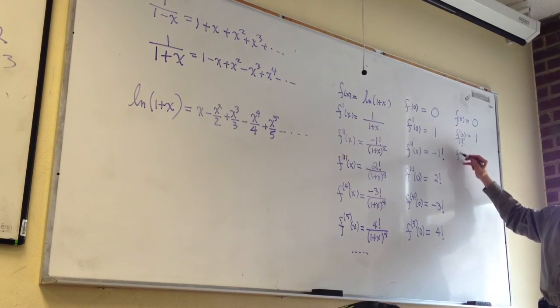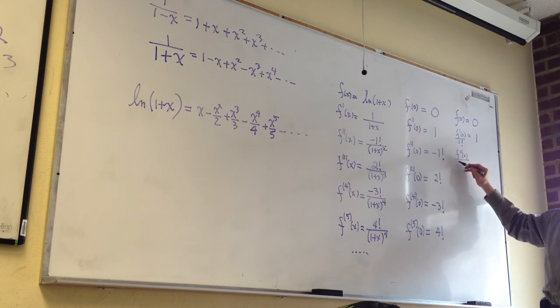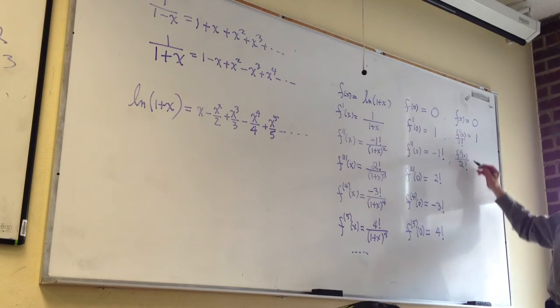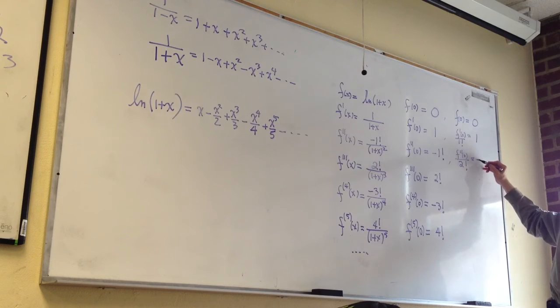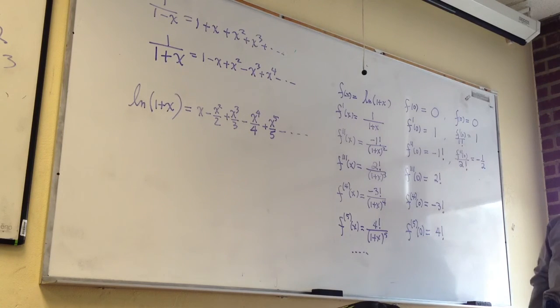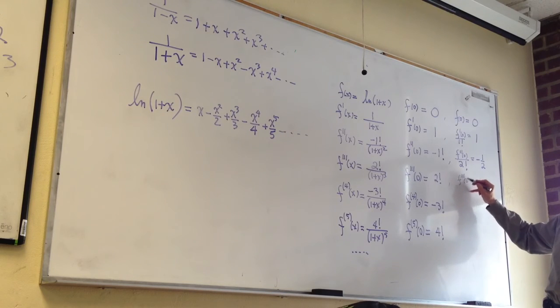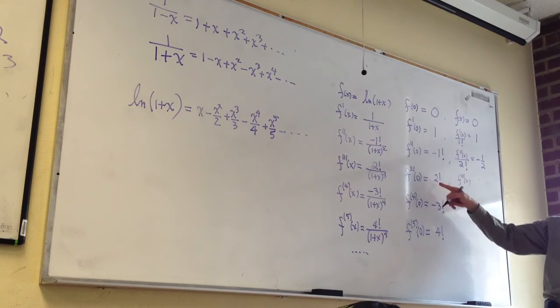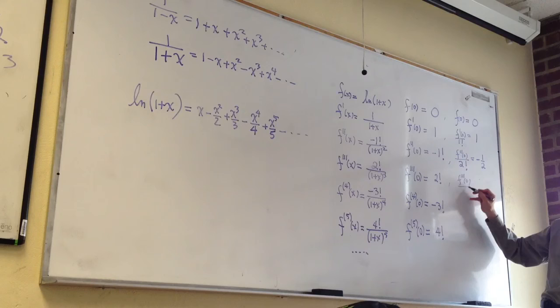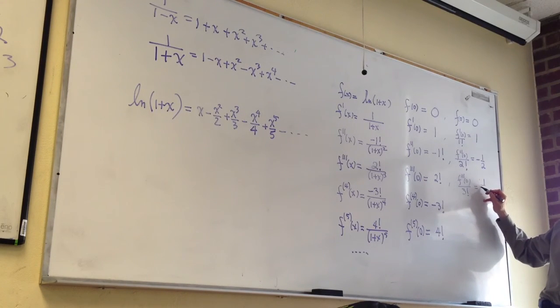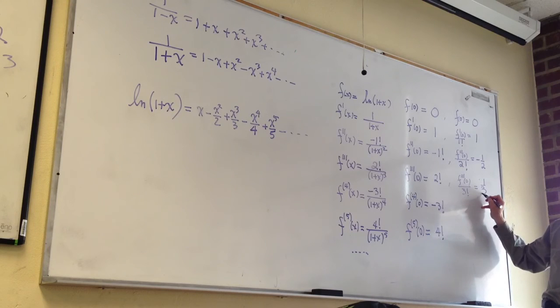And then f double prime of 0 supposedly divided by what? 2 factorial. And therefore that becomes negative 1 over 2. If you take the triple derivative of f at 0, which is 2 factorial, then you're supposed to divide by 3 factorial. Wouldn't that give you positive 1/3? Are you with me?